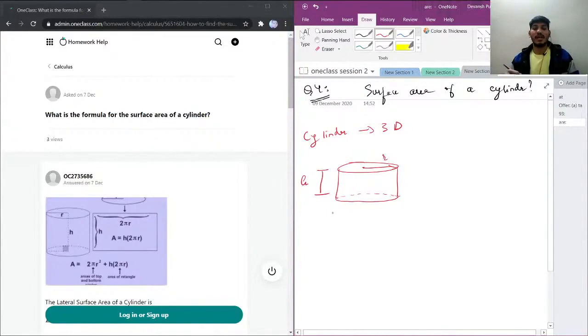So surface area is basically, we have two types of surface area for curved shapes. One is the curved surface area and the second one is the total surface area.